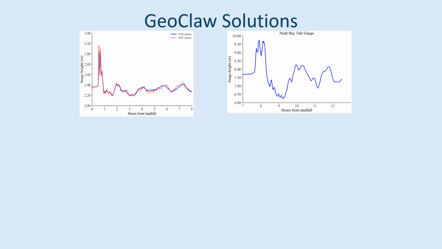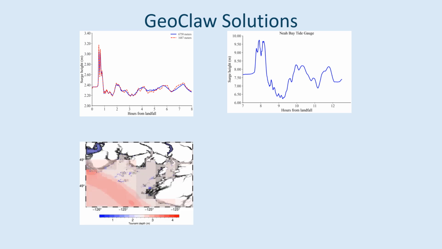From this one, this is the tide gauge at Nia Bay, which is tucked around a little cove. Snapshots in time of the solution. So this particular example, you can see some blockiness to the coloration, which is the AMR refining around the topographical areas. And this happened to be between two waves, so there's some water still lingering while the rest is receding.